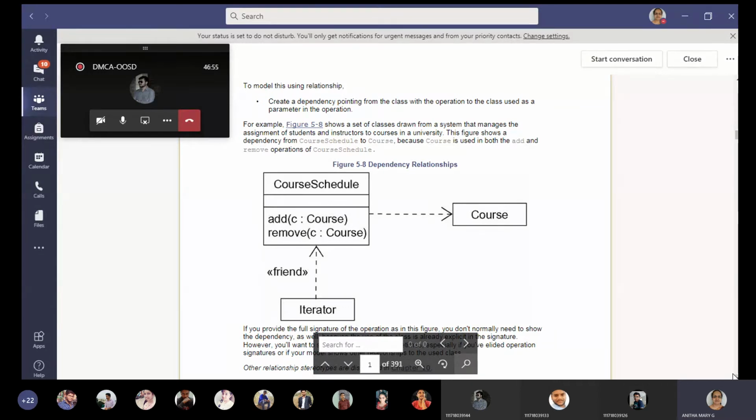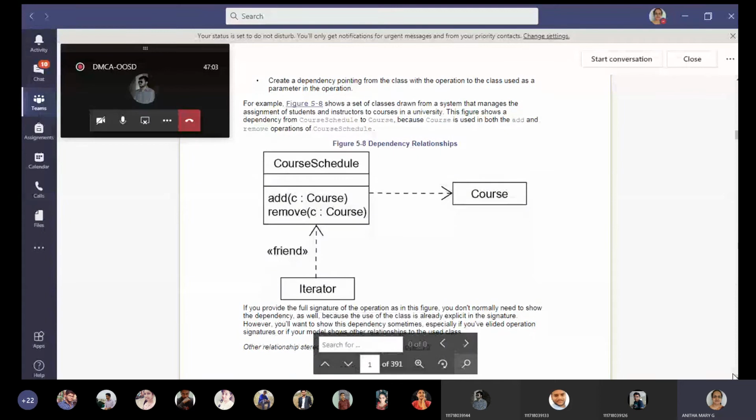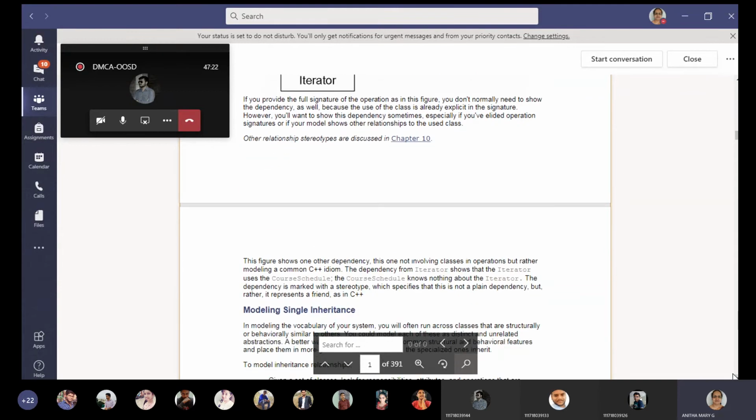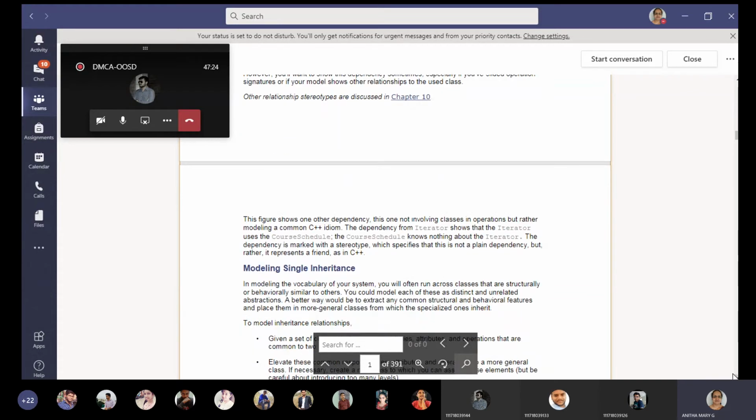If any properties are given, you can make them attributes, and if there are any actions, what exactly it's doing, you can name them operations. Once all the classes are done with name, attributes and operations, you need to relate them to one another using relationships based on the kind of relationship that exists among them. Okay, so this is the first common modeling technique, modeling simple dependencies.